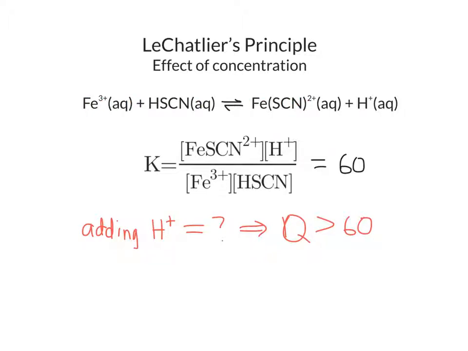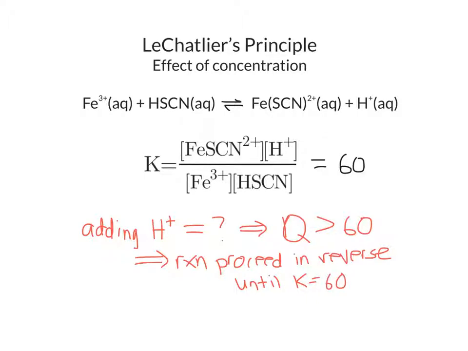So what will happen when we add the H plus is that the reaction will proceed in reverse to use up the H plus that we put in. And when we get back to equilibrium, we will end up again with a ratio that is equal to 60.